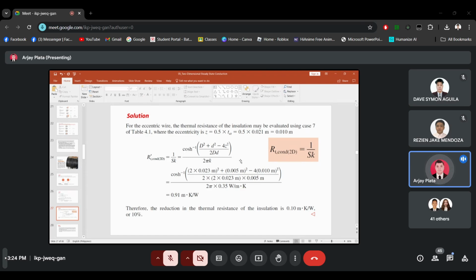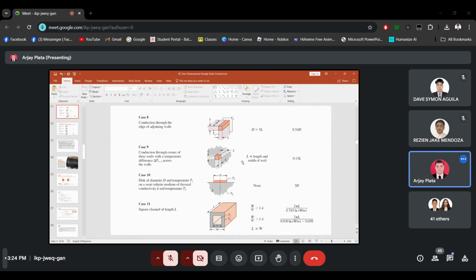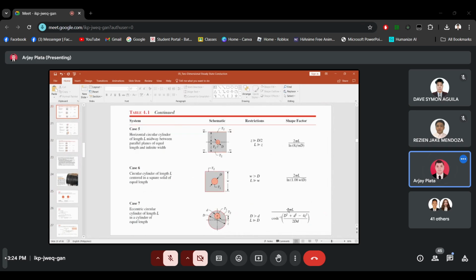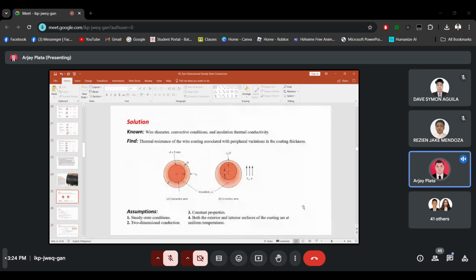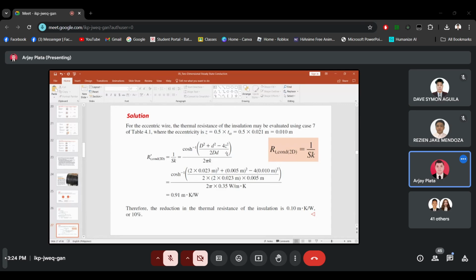Using the formula for shape factor S, we have 2 pi L over cosh to the negative 1 of (D squared plus d squared minus 4Z squared) over 2Dd. So you have to use this one. So you will get the value of resistance for thermal conductivity of 0.91 meter Kelvin per watt.